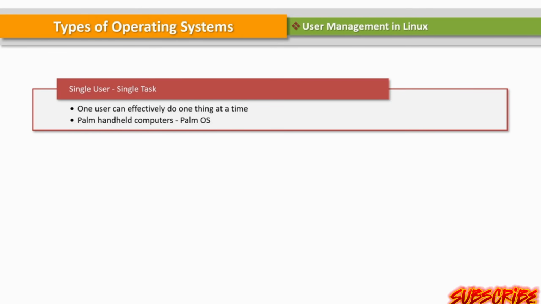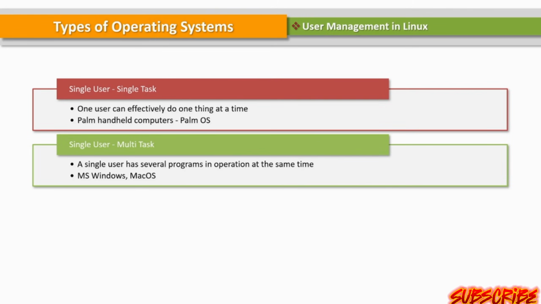Just as the name implies, this operating system is designed to manage the computer so that one user can effectively do one thing at a time. The Palm OS, if you remember that, for Palm handheld computers, is a great example of a modern single-user, single-task operating system.